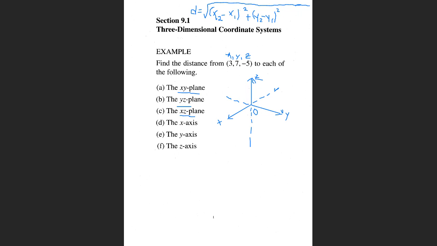So what might be natural to add here? Z squared. That's right, very good. Plus (z2 minus z1) squared. And that's how we find distance in three-dimensional space.